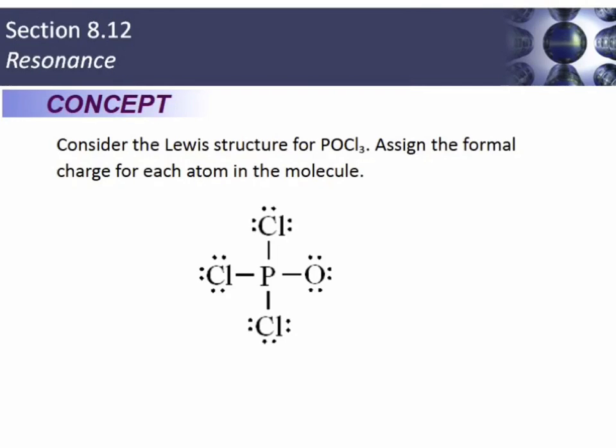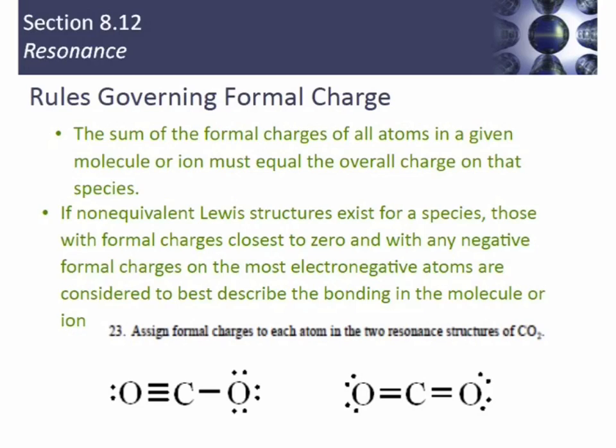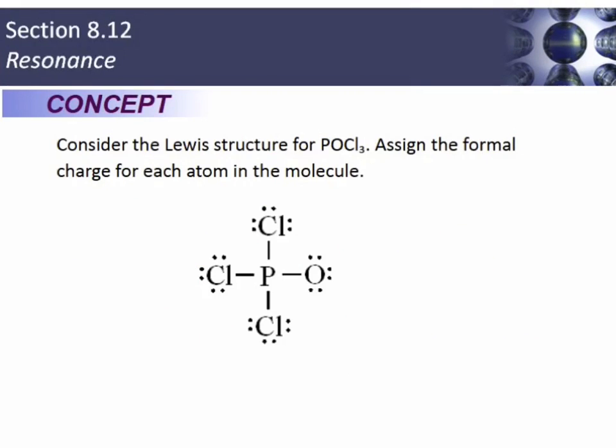Let's go do right here. All right, we're going to do chlorine. So chlorine has 7 valence electrons. How many electrons does it have on it? 7, so it's a 0. Same thing for the other chlorine, and the other one. All right, what about oxygen?